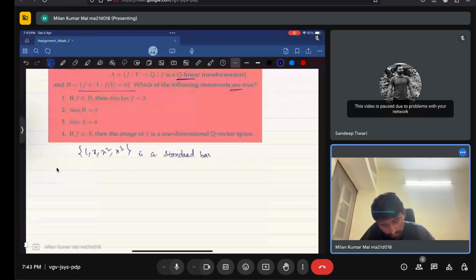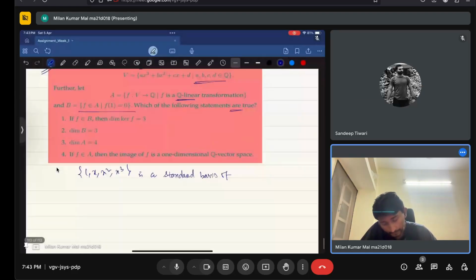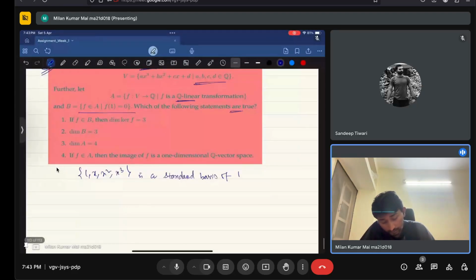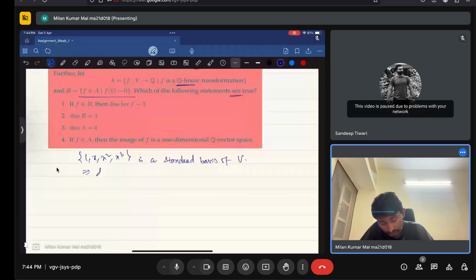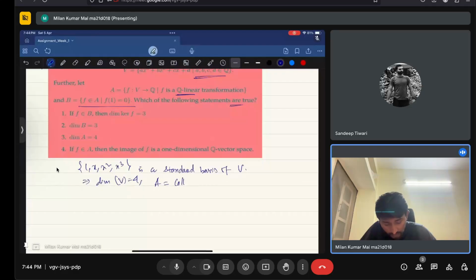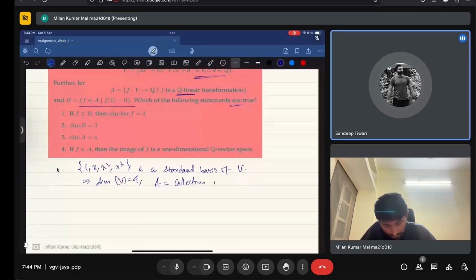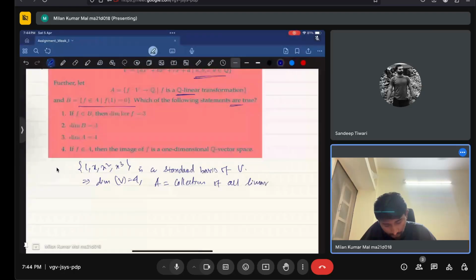So the dimension of V is equal to 4, and A is the collection of all linear functionals, which is also 4.